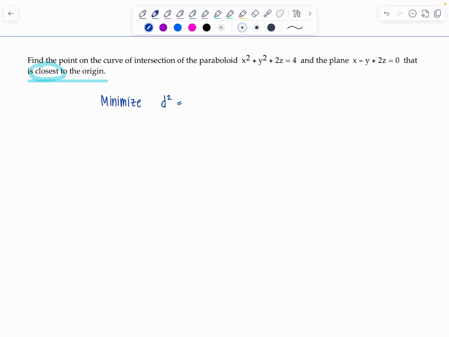That way we don't have to contend with the square root when finding derivatives. And I want to minimize the distance from some arbitrary point to the origin. So we would have (x minus 0) squared plus (y minus 0) squared plus (z minus 0) squared. Good? Now, if you were to just proceed as is, that's fine. So this is what we're trying to optimize.